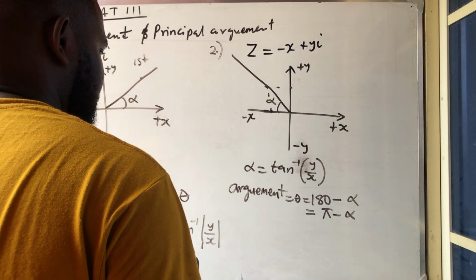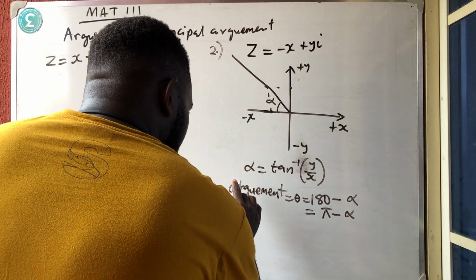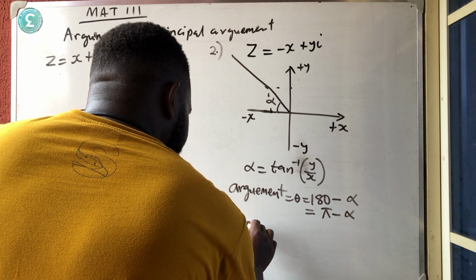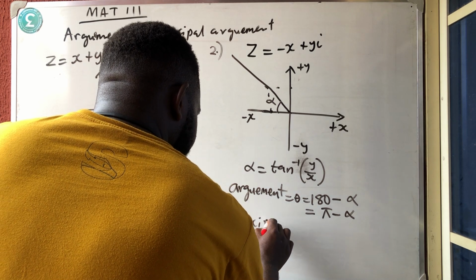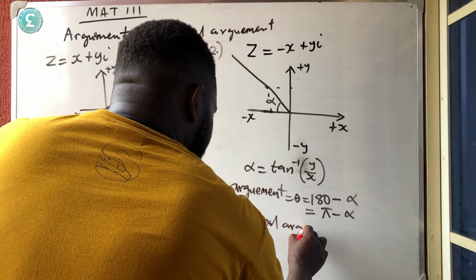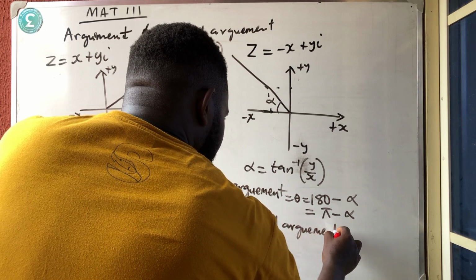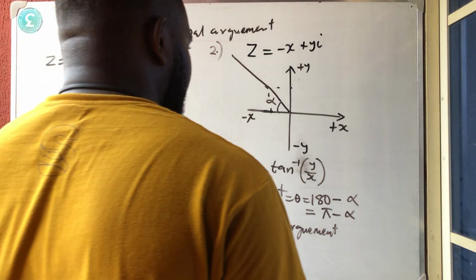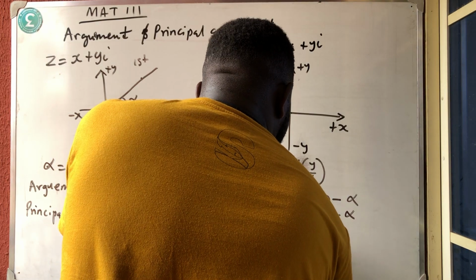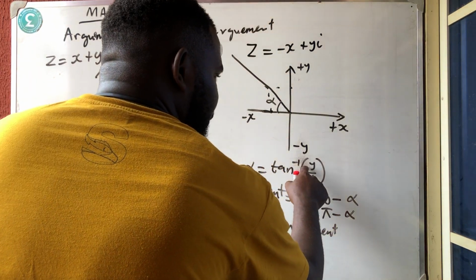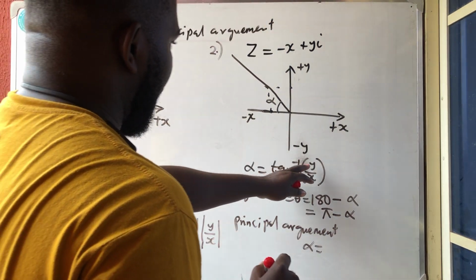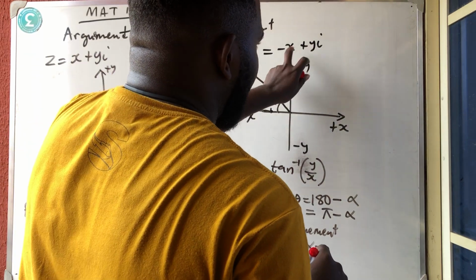Now for your principal argument, to get your alpha, you must use absolute value. I hope you know that it's no longer y over x, but y over minus x.